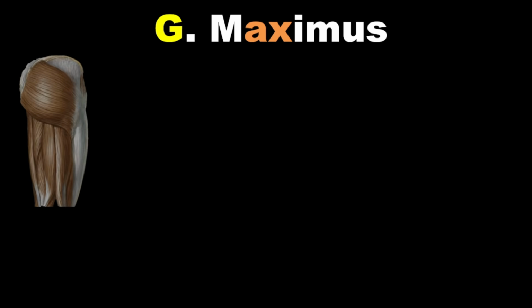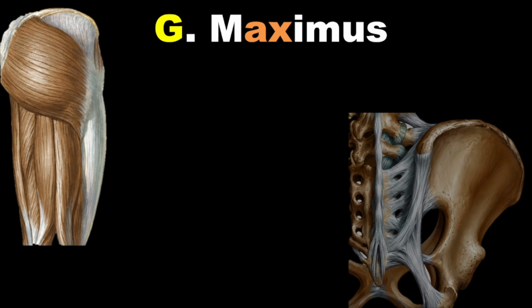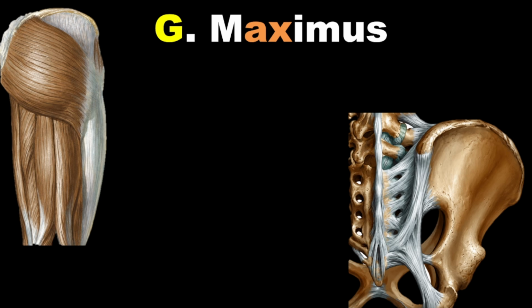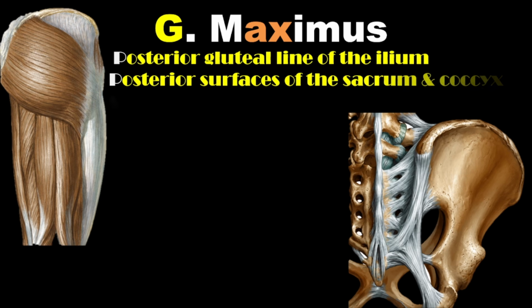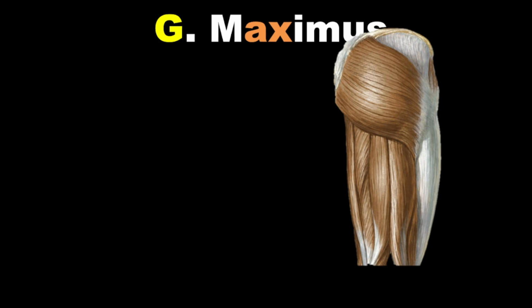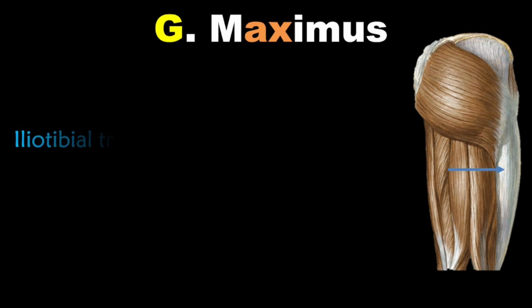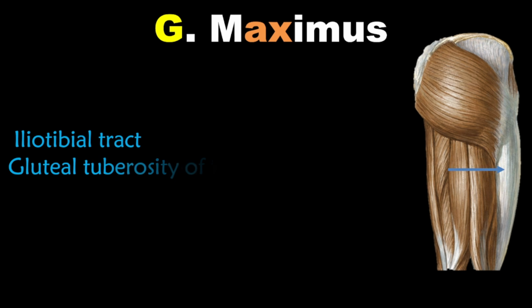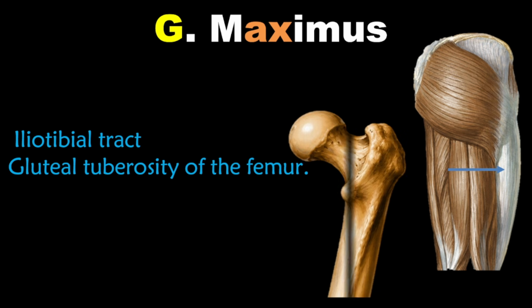The gluteus maximus is the largest, most superficial, and quadrilateral in shape. It arises from the posterior gluteal line of the ilium, the dorsal surfaces of the sacrum and coccyx, and the sacrotuberous ligament. Most of this muscle's fibers insert in the iliotibial tract, but some fibers from its lower half attach to the gluteal tuberosity of the femur.